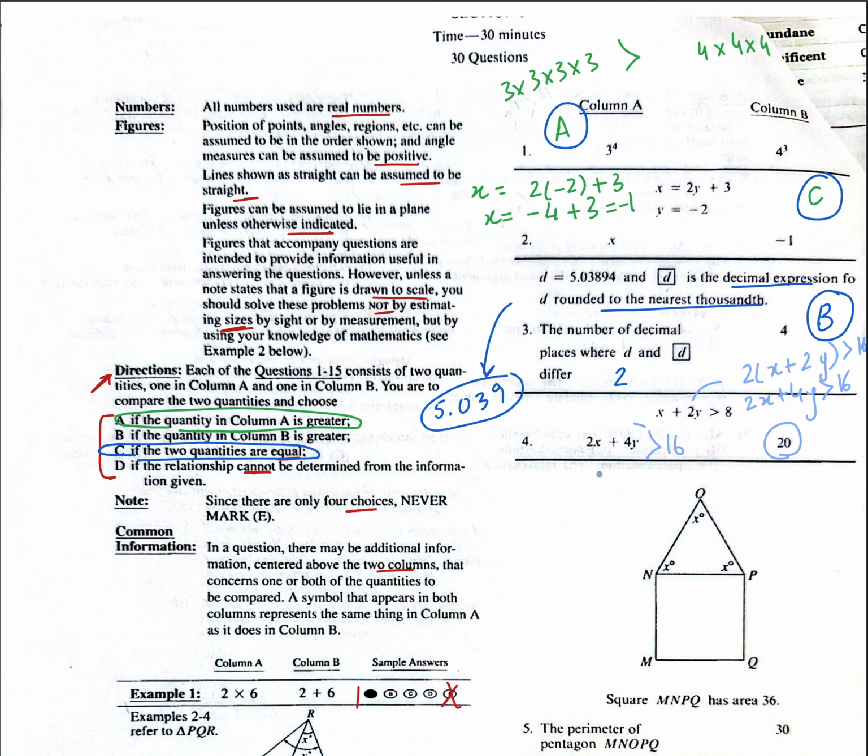We have the inequality 2x plus 4y is greater than 16, and if it is greater than 16 it can be anything, right? So for this we'll have D as the answer, that it is not able to be proved or determined from the information that is given.